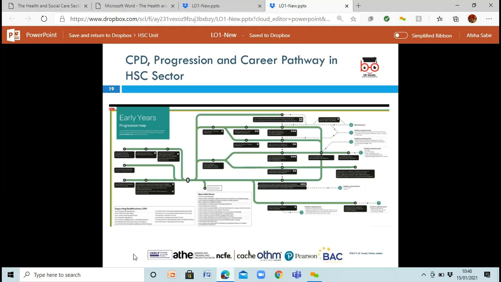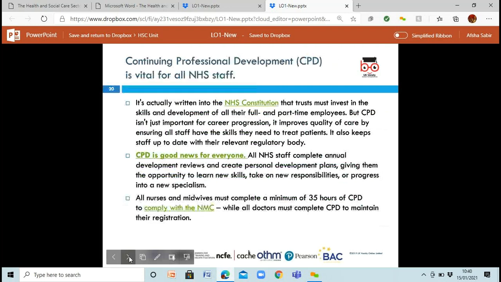Now, next, we're going to look at this here. It's asking, why is CPD vital for NHS staff? CPD is actually written into the NHS Constitution. It says within that Constitution that you need to invest in the skills and development of full and part-time employees.